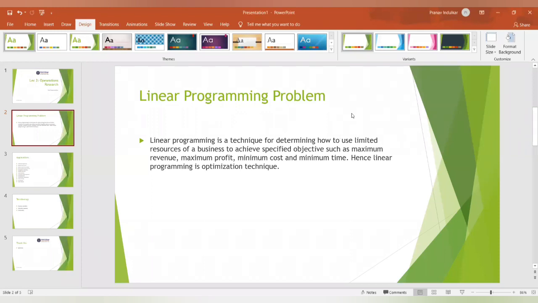Okay, so let's begin with linear programming problem. I believe you have done linear equations in the school.